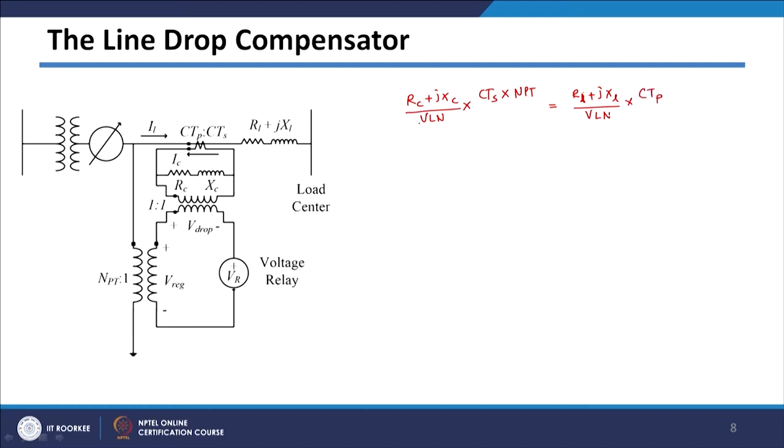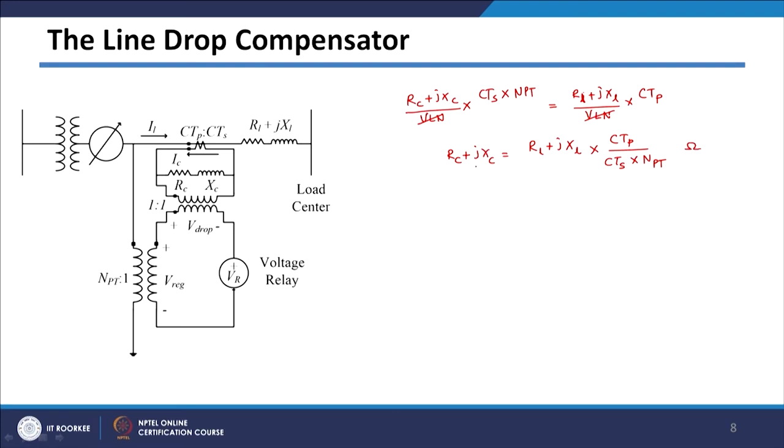So, in this case this VLN will get cancelled out, and RC plus JXC will be equal to RL plus JXL multiplied by your CT primary divided by CT secondary multiplied by your NPT, in ohms.